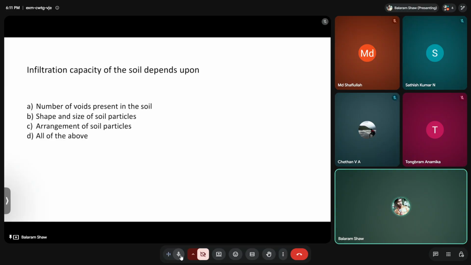If anyone wants to answer, or put it in the chat box, you can. These things we have studied earlier, right? In the last lectures. So we remember the infiltration capacity. What is infiltration? It is the movement of water going vertically from the soil surface to the subsurface layer.